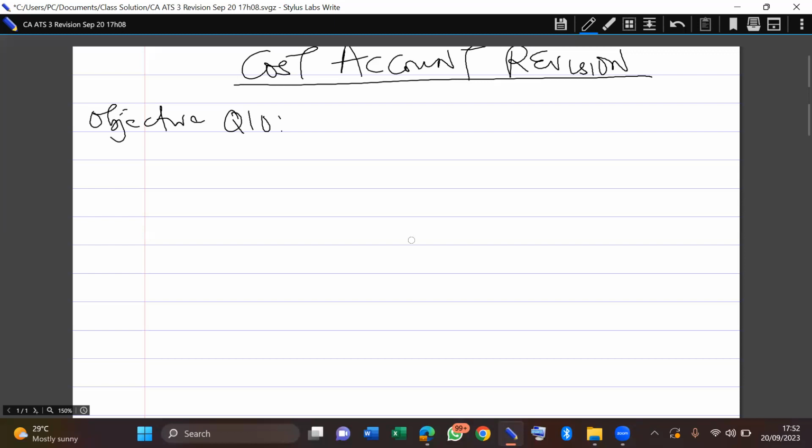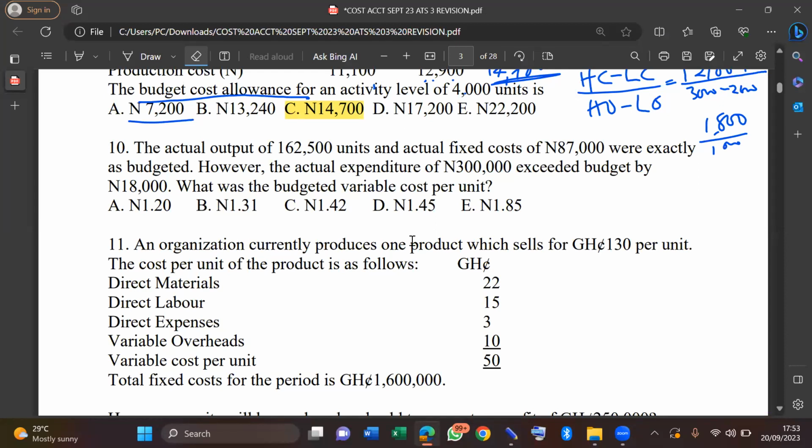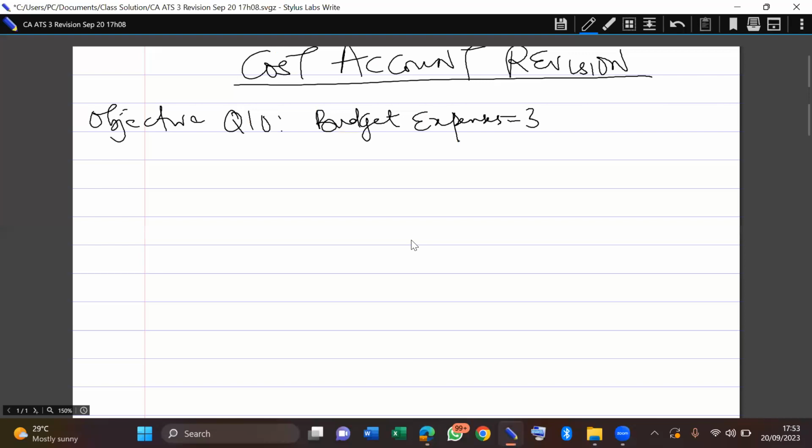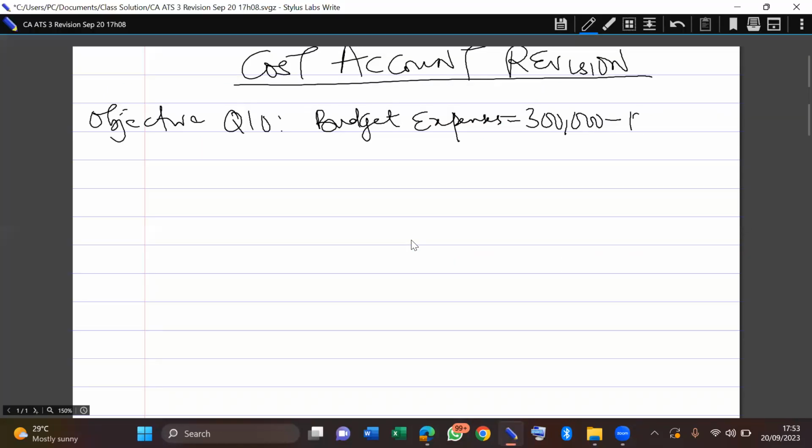First, let's see what's our projected expenses. They said our actual expenditure exceeded the budget by what? 18,000 naira. We have our 300,000 minus what it exceeded, 18,000.